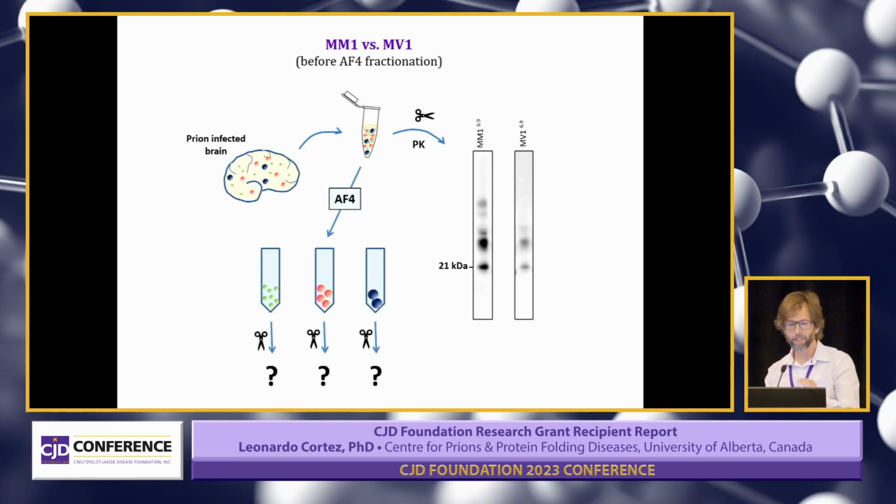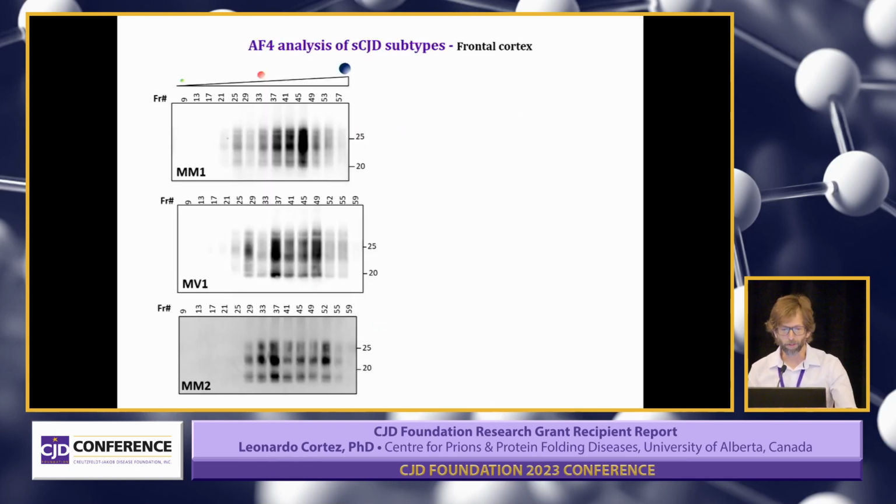But what happens if we take that sample, separate the prion by size, and analyze by Western blot? That's what we've done. And here is the Western blot for the different fractions that we collect, that means the different tubes with the prions of different size.